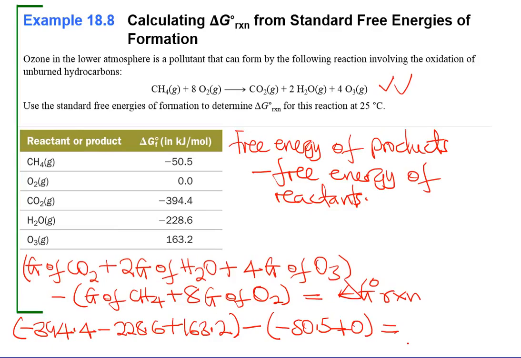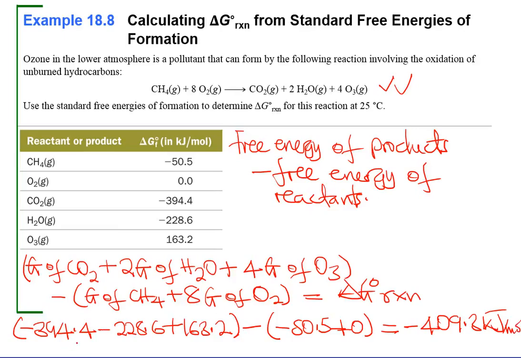So when you do the math, you get negative 409.3 kilojoules per mole.